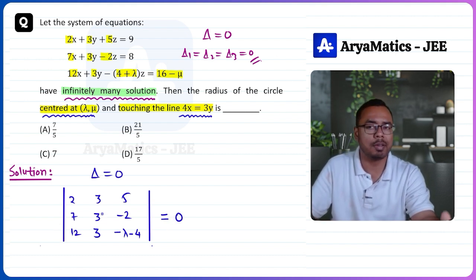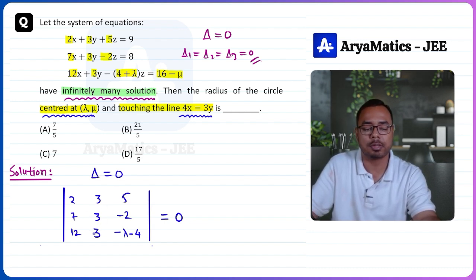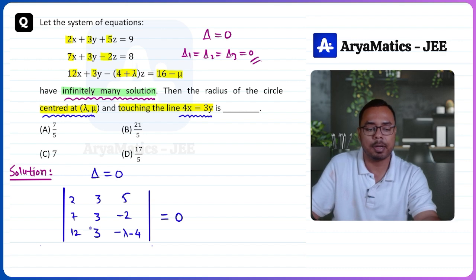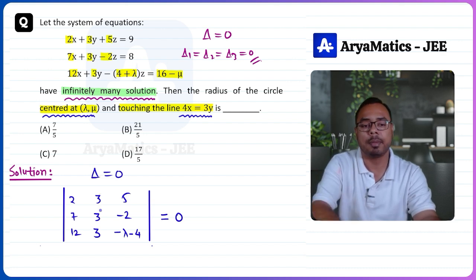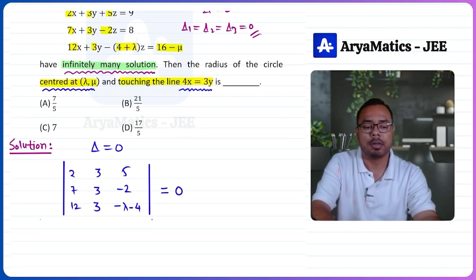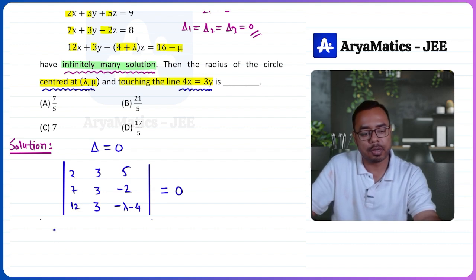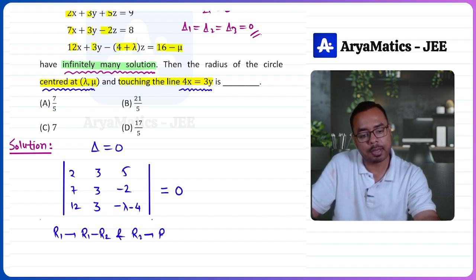Now, it is not difficult to solve this determinant. If you want, you can create two zeros also, because we have identical elements in the second column. So to create two zeros, you can do this row operation: in place of R1, write R1 minus R2, and in place of R2, write R2 minus R3.